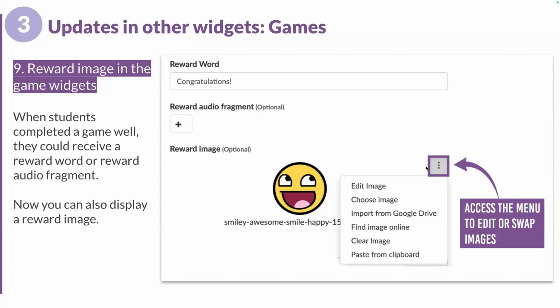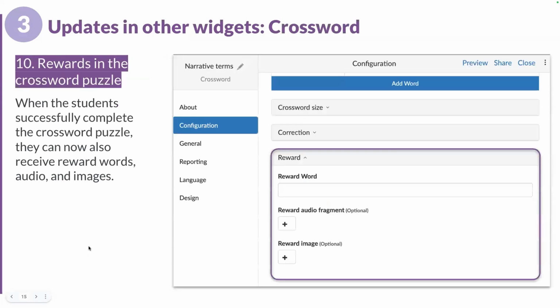So you can add the image and then access the menu with the three dots to edit the image, choose an image, import from Google Drive, find one online, clear it, or even paste from clipboard. So that's a fun little way to, again, bring a little bit of delight to your game widgets.